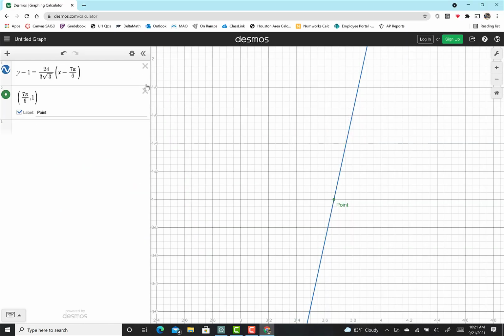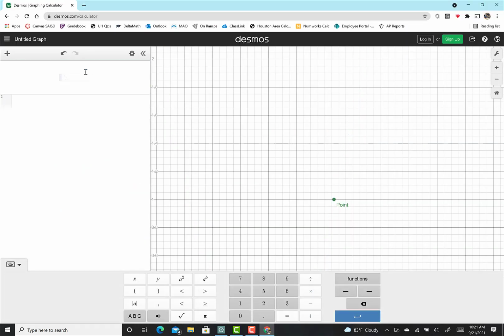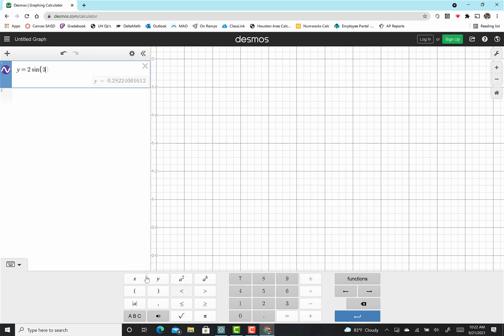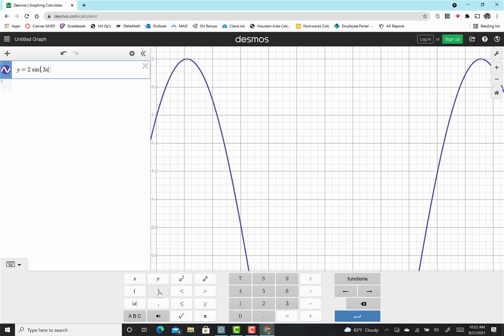Let's clear everything. Okay, give me the original equation. Y equals 2 sine 3x. This one doesn't seem as interesting because it's just a wave, but that's fine. And y plus, right?